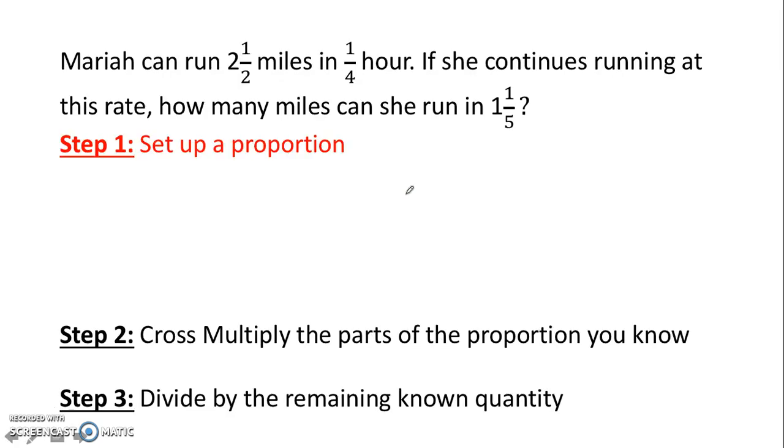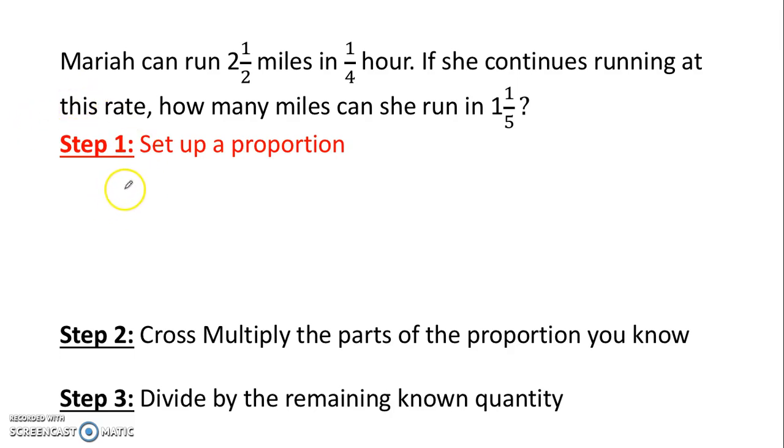Let's break it down. Here's our problem again, the same problem that we just looked at. Mariah can run 2.5 miles in 1/4 hour. If she continues running at this rate, how many miles can she run in 1 1/5 hour? Let's set up that proportion.